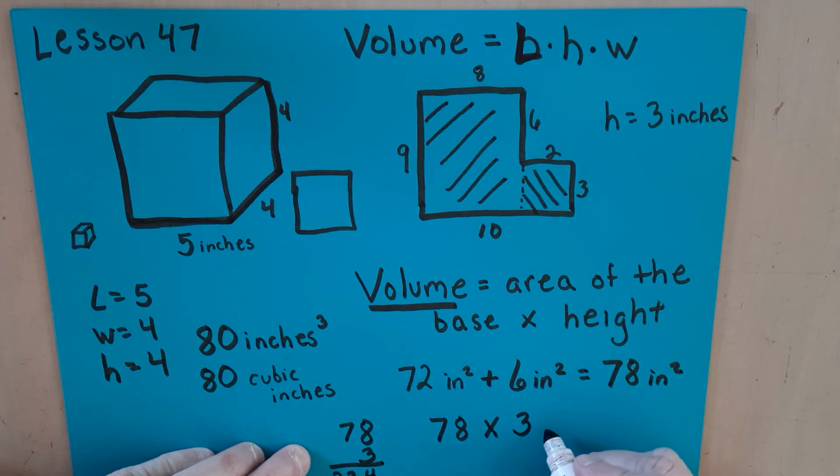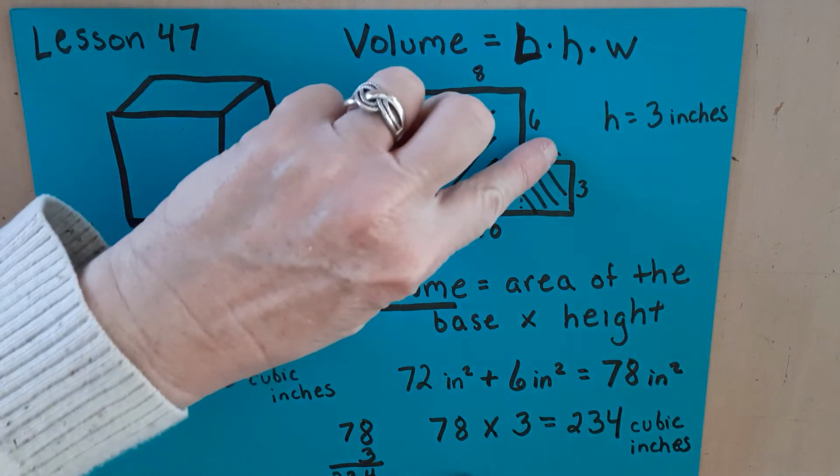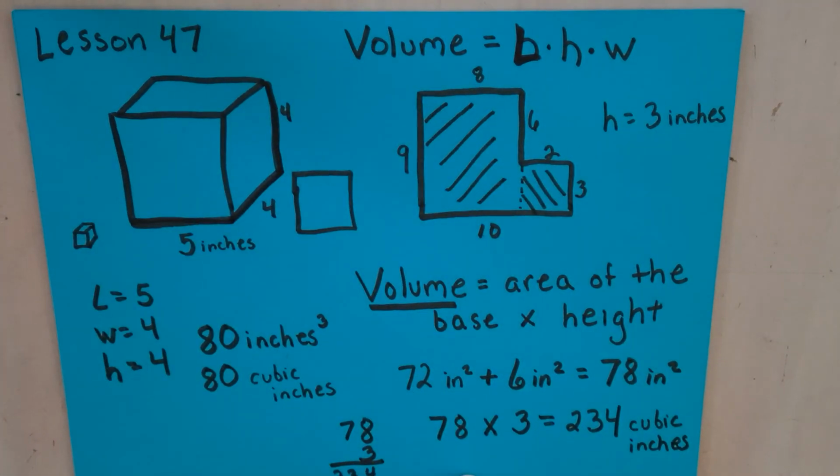So that equals 234 cubic inches would be the volume of a shape that has this as the area of the base.